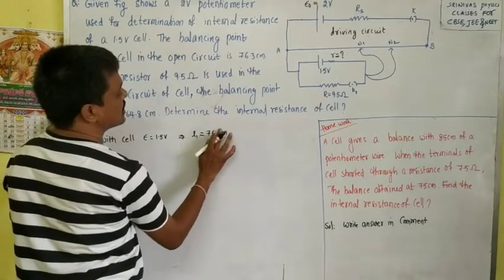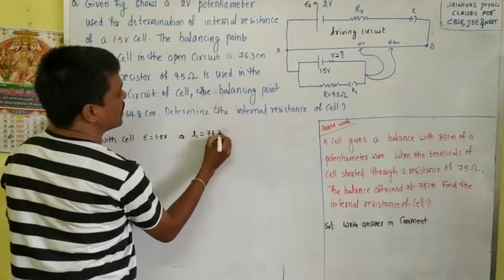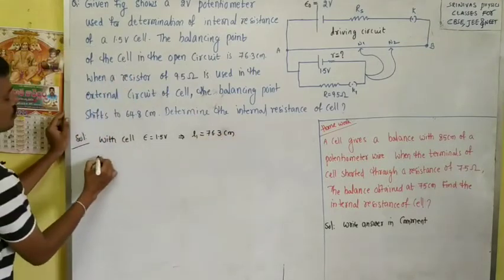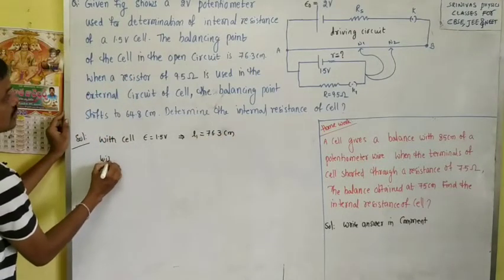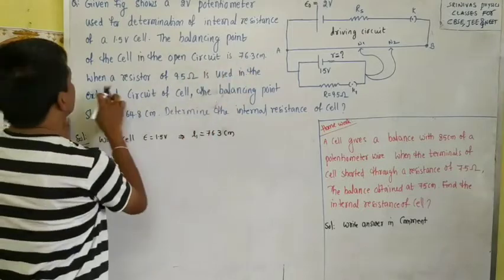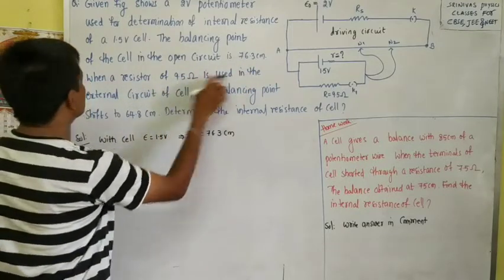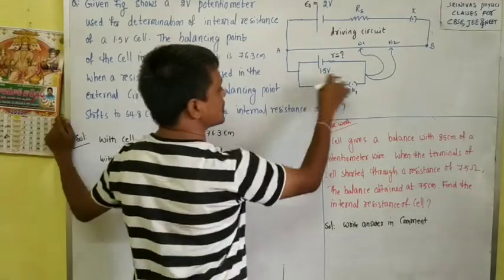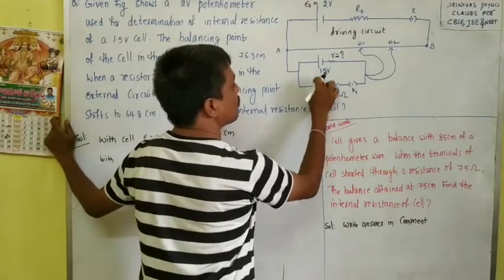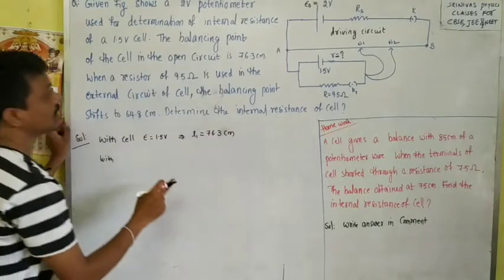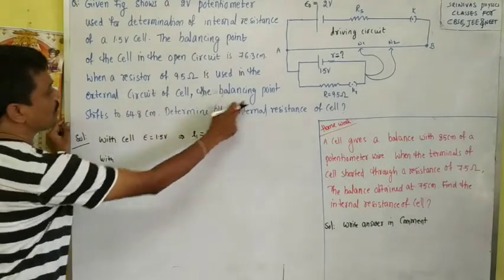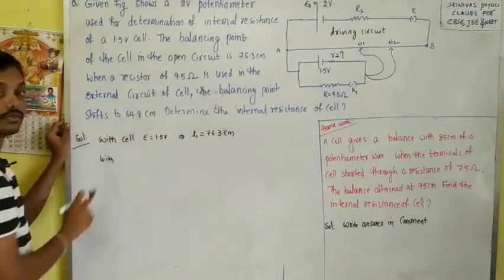76.3 centimeters. Now with the cell, next what we are doing is, a resistor of resistance 9.5 ohm is used in the external circuit. In this external circuit we are connecting the 9.5 ohm in parallel, again noting the balancing length, and the balancing point is shifted to 64.8.